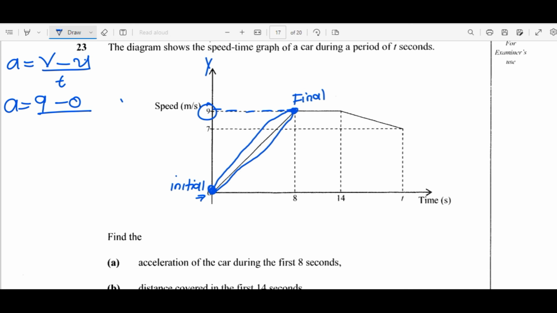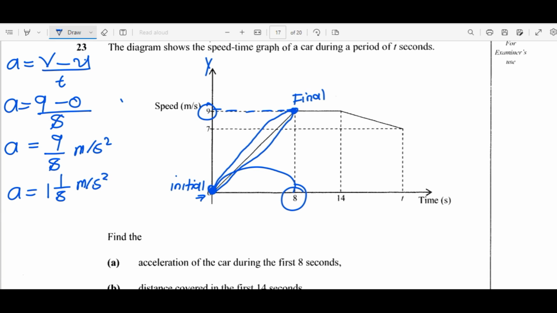The time from this point up to here is 8. So 9 minus 0 is 9 over 8 meters per second squared. Or 8 into 9 is 1, remainder 1 over 8 meters per second squared. You can change into a mixed fraction.